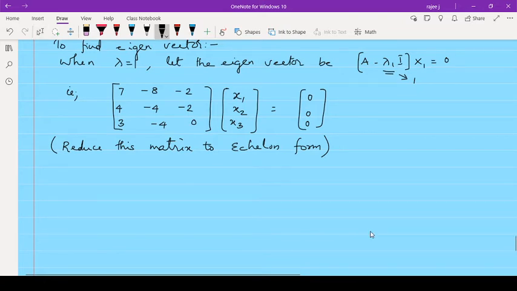Now, to reduce this to echelon form, you will perform only which transformation? Row transformation. So, this coefficient matrix is there. My first aim is to make the last row zeros. Any method you can do, the only thing is that you need to do row transformation.